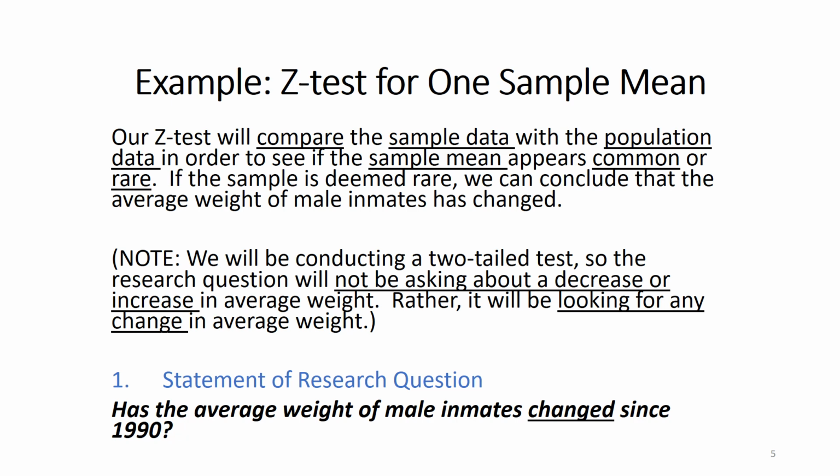And you'll notice those are non-directional terms. I'm not saying increase. I'm not saying decrease. I'm simply saying change or difference. So when we set up our research question, we want to make sure it reflects that. So our research question says, has the average weight of male inmates changed since 1990? All right, next slide.